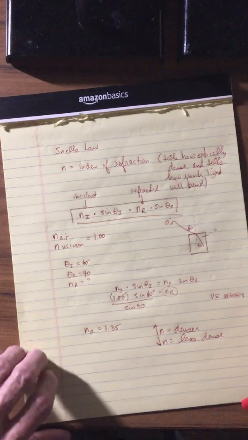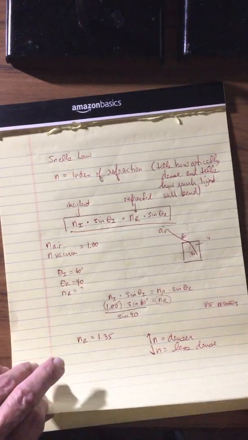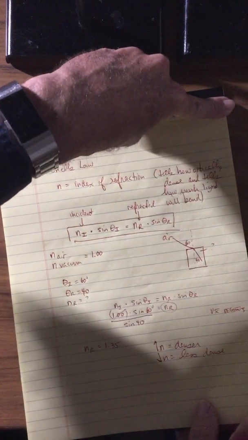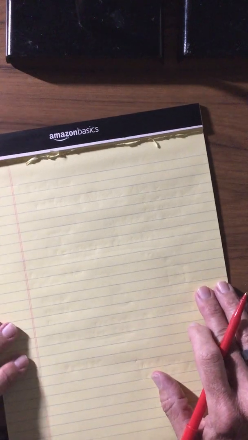But we might actually be given the index of refraction, and you need to calculate what the angle is going to be if we know this material. Okay, so let's take a look. Imagine that we're coming in from air.